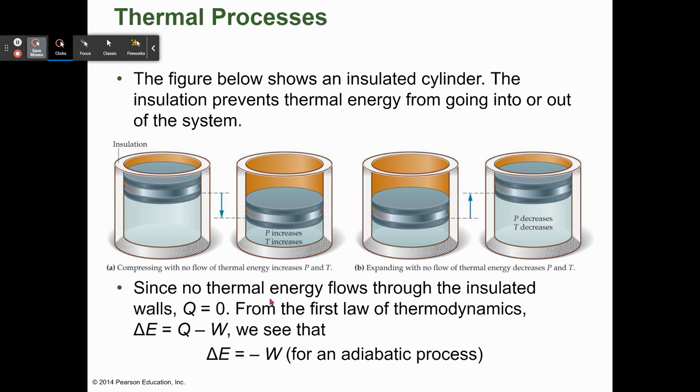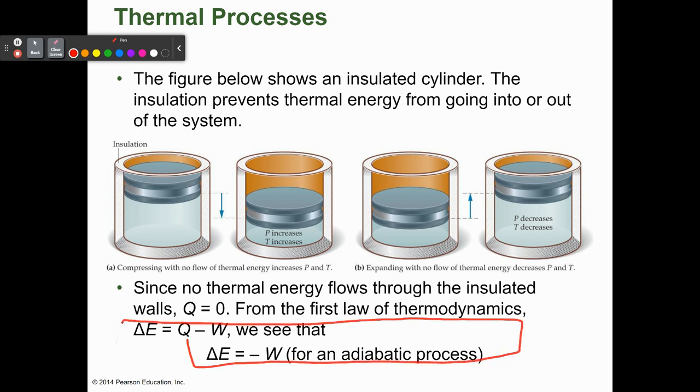So Q is 0, which means from the first law of thermodynamics, that the change in energy is the amount of work done. Okay, so again, make sure you have that written down somewhere, that in this situation where Q is 0, the first law of thermodynamics says the change in energy is then going to be equal to the amount of work that is done.